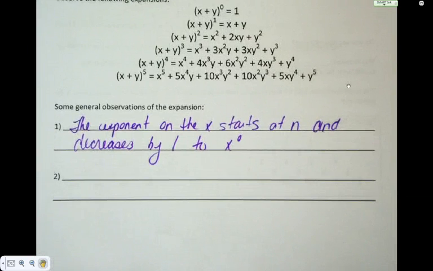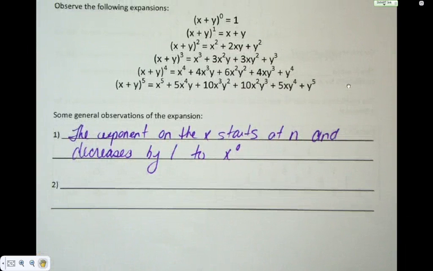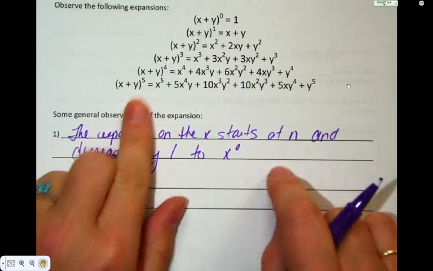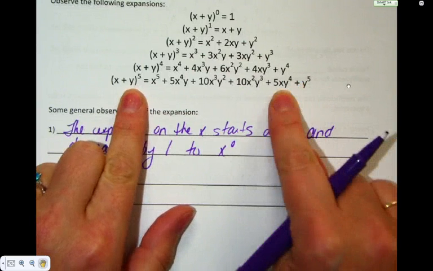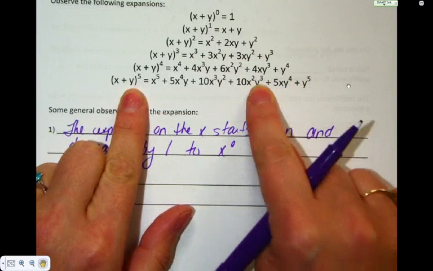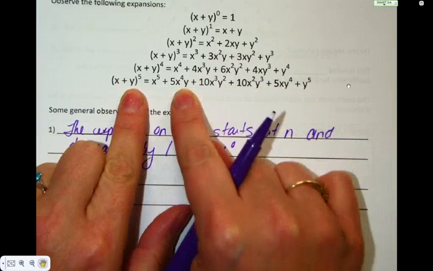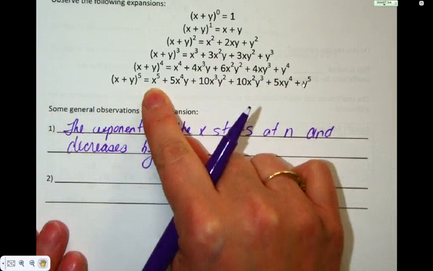What about the y? Opposite. Okay, so let's start at the bottom this time and look. Our y to the 5 is at the back, and our second last term has a y to the 1, and then we don't see it, but we know it's y to the 0.